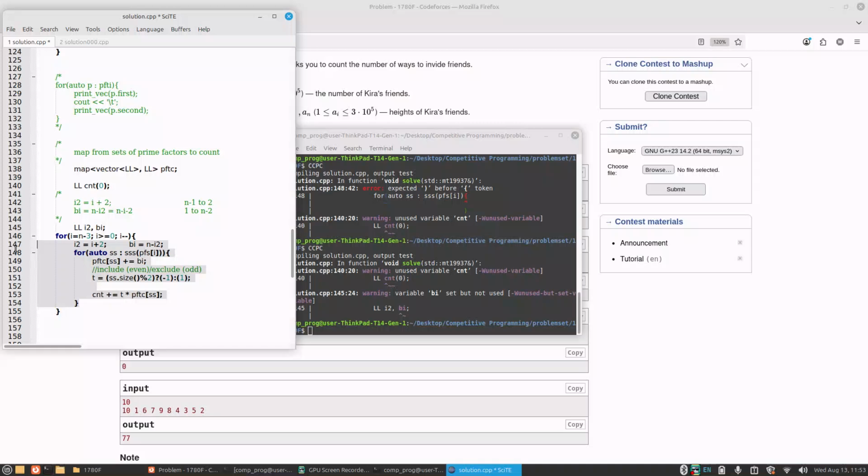So this only gives, like, the count for I2. What we want is I.